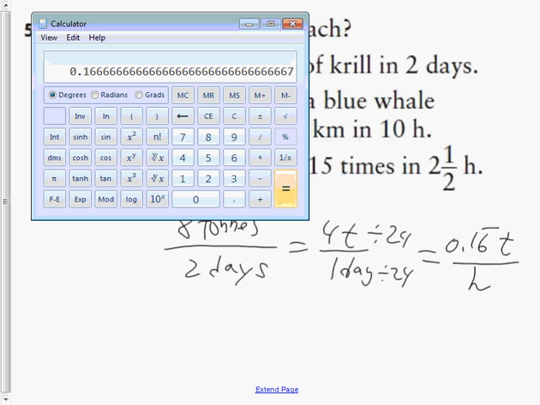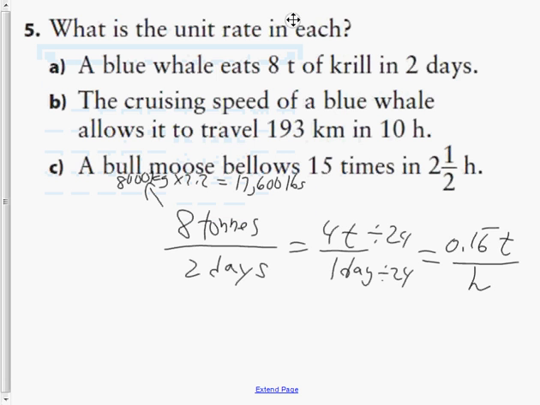And again, if I think about 1 ton as being 2,200 pounds, then if I multiply that by 2,200, it's roughly 366 pounds of krill every hour blue whales eat. That's a lot of krill. But the answer was probably this one here. 4 tons per day is the one that you probably will put if you had a test on it.